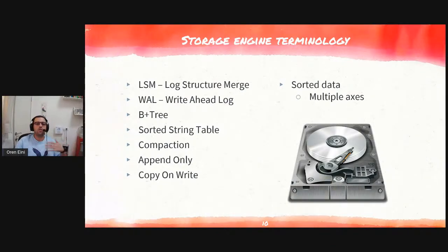Give me all of the electricians that are near me or something like that. So think about how you would do something like that. How do you search all electricians near me? It sounds really complex, but it ends up actually being just playing around with various forms of sorted data.